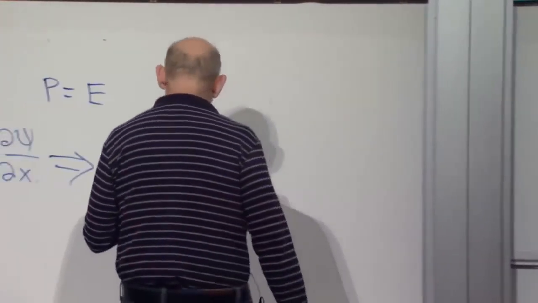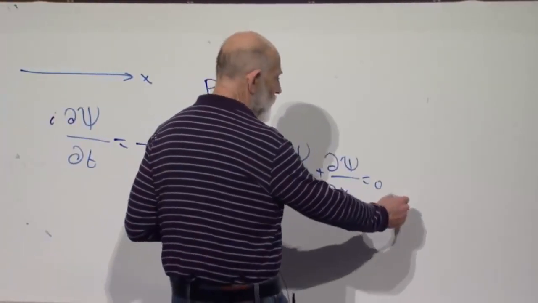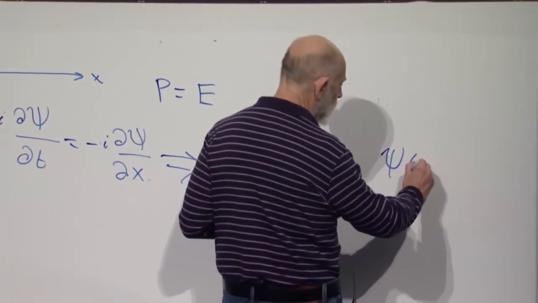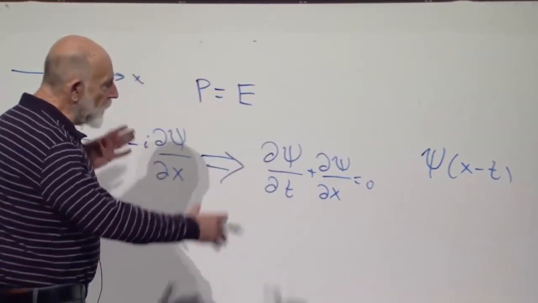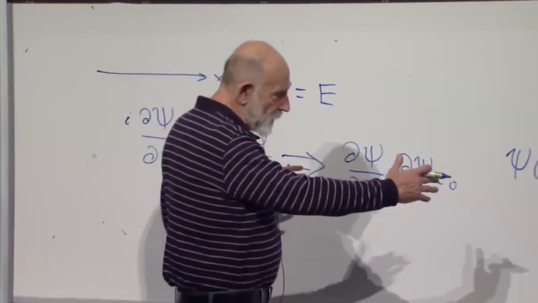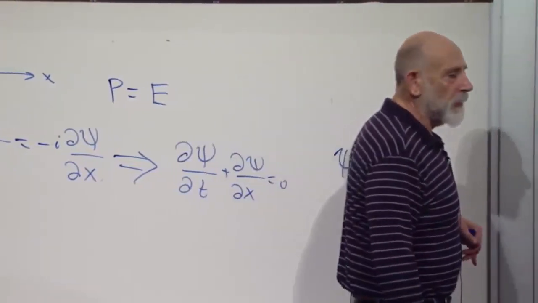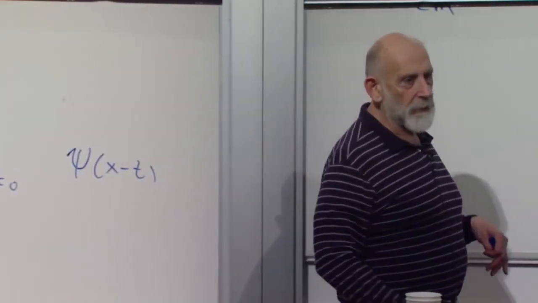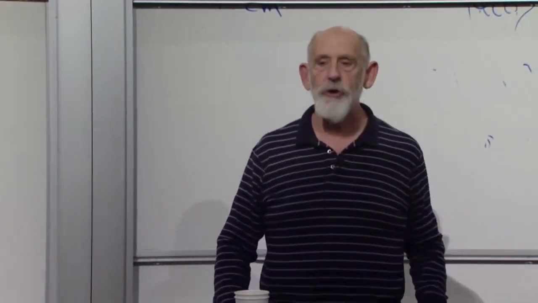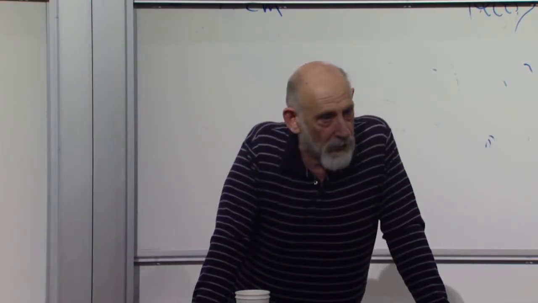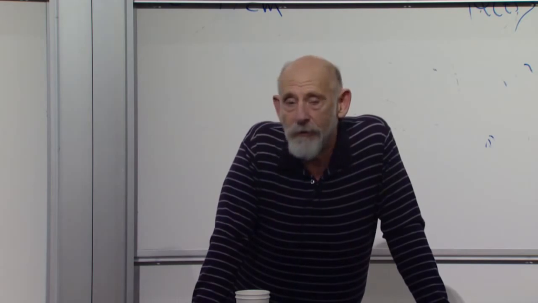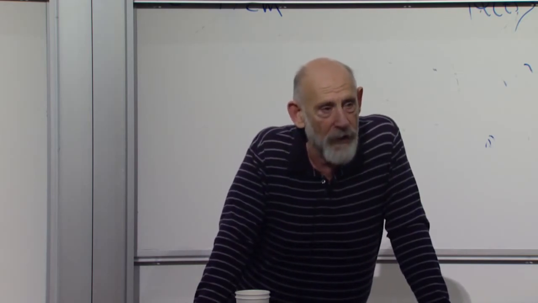Psi is a function of x minus t. That means it describes a wave moving to the right, a rigid profile. The profile doesn't change, but the location of the center of the wave changes, and it moves with the speed of light. Okay, this is a fine equation, very nice.